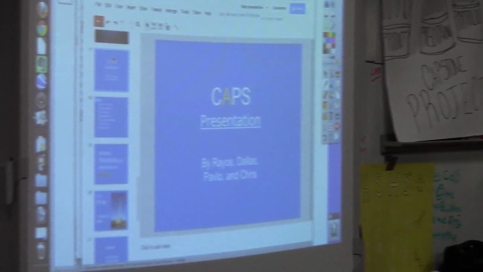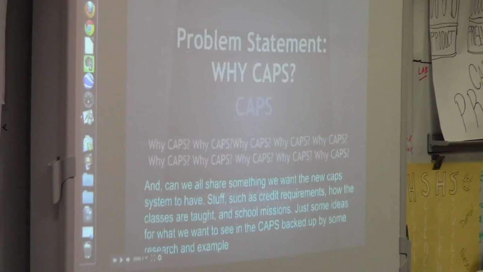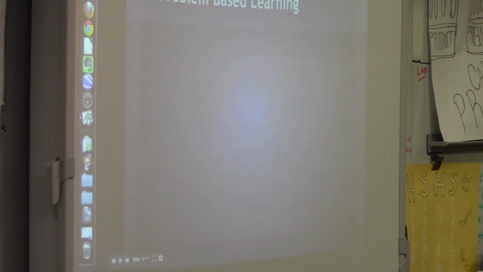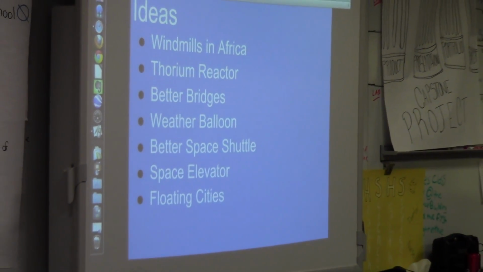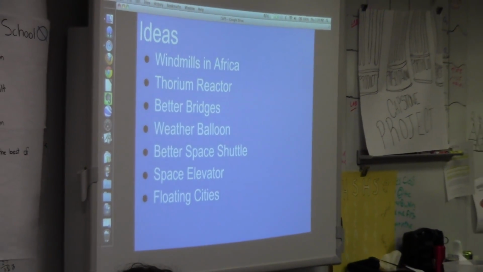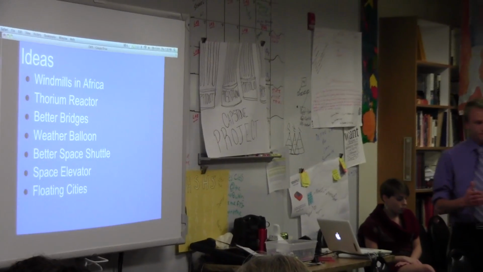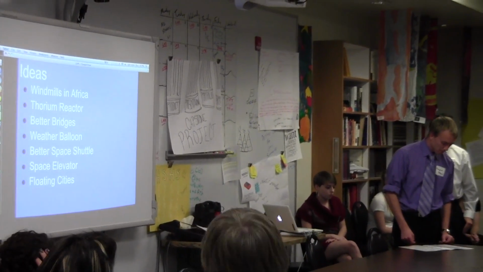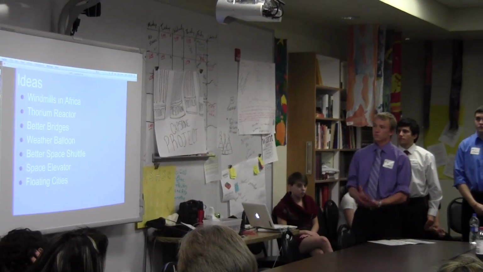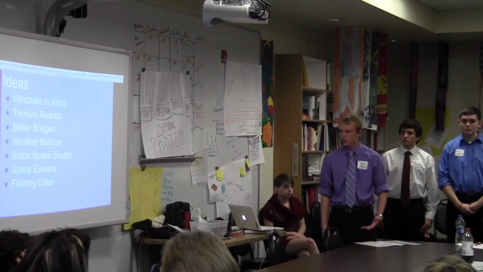So, we laid down some ideas, first of all, that kind of pertain to the ACME. Anyways, so we thought of maybe some windmills in Africa to help produce electricity for the people who don't have electricity there.